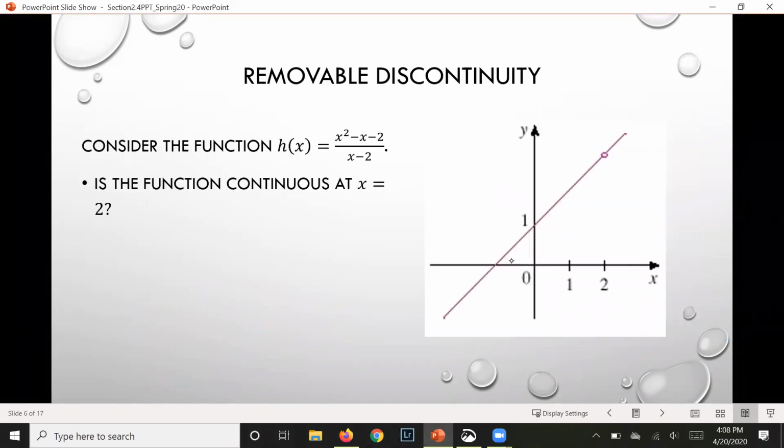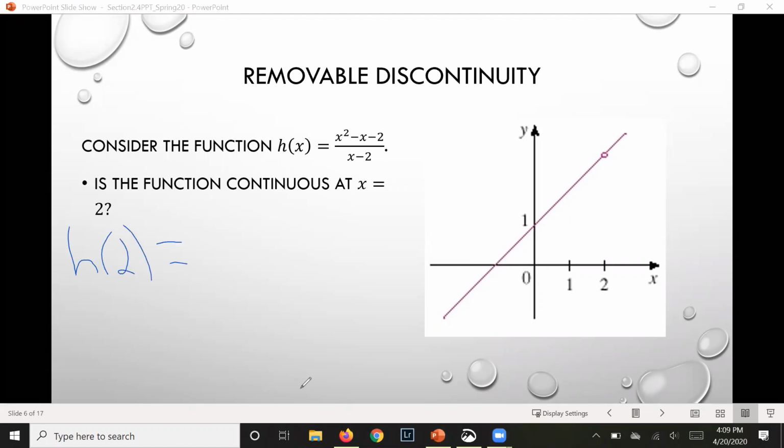All right, let's look at this function now. So we're looking at the function h of x equals x squared minus x minus 2 all over x minus 2. And we have to check whether the function is continuous at the value x equals 2. Well, notice if we start to go through our criteria, we start with finding h of 2.